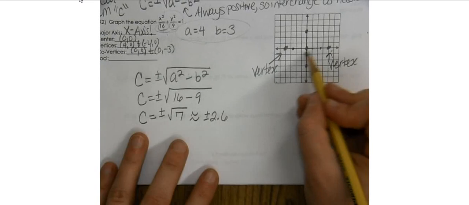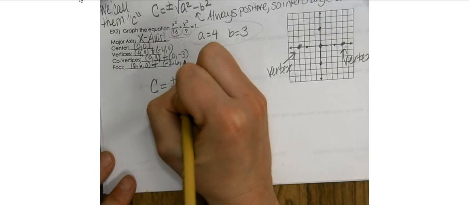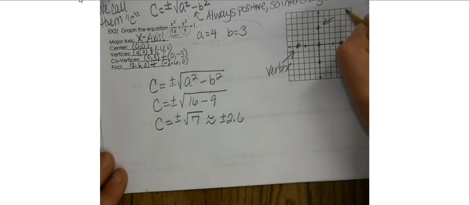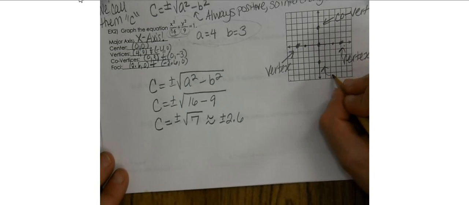And these ordered pairs are going to be located at (2.6, 0) and (-2.6, 0). So now that I have my foci graphed, my co-vertices graphed, and my vertices graphed, I now have everything that I need in order to graph or draw my ellipse.